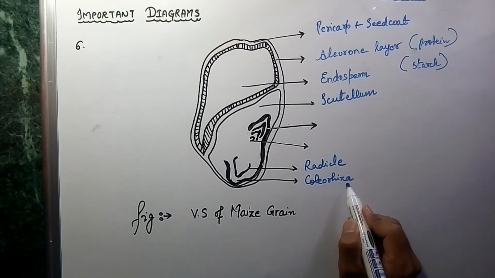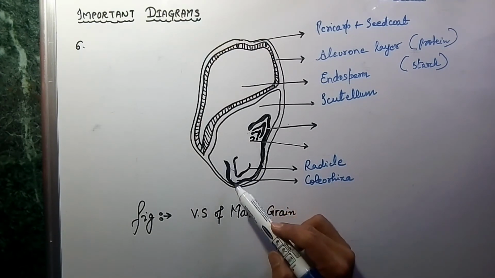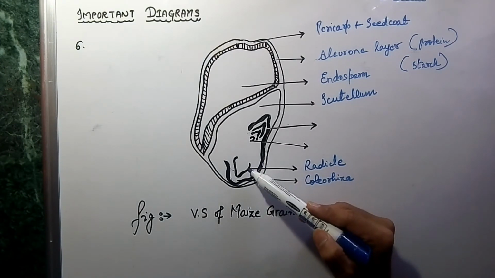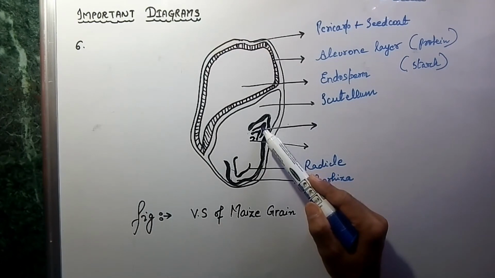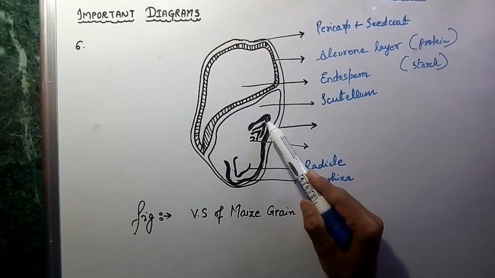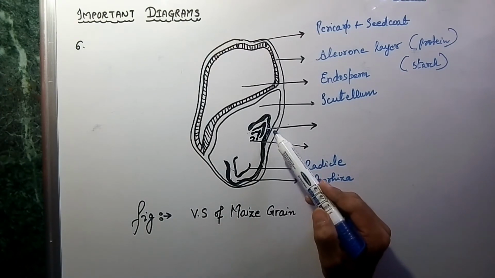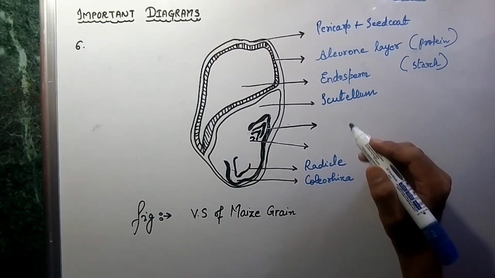So the protective layer of the radicle is called coleorrhiza. And now the region of the embryonal axis that points upwards, and the downward is your radicle, so the upward is your plumule.